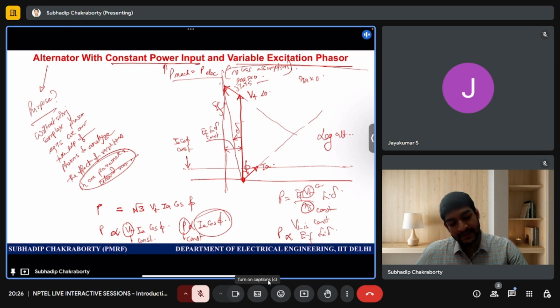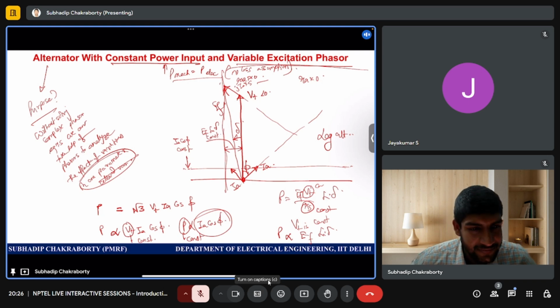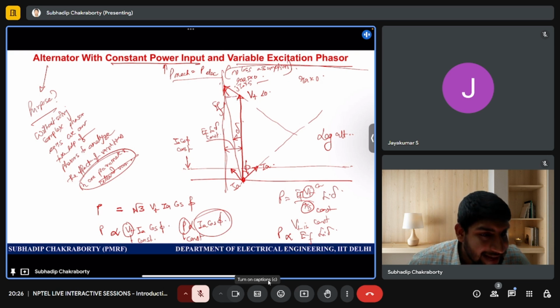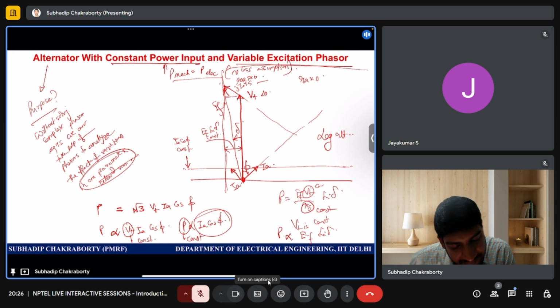Now you take it to leading, right? Let us see what happens to EF. Please note that once it was lagging, this EF cos delta was greater than VT.